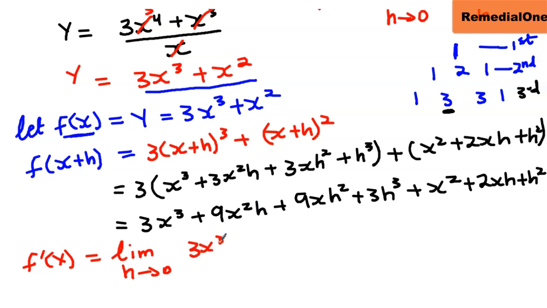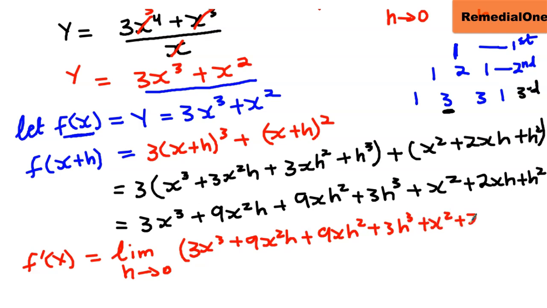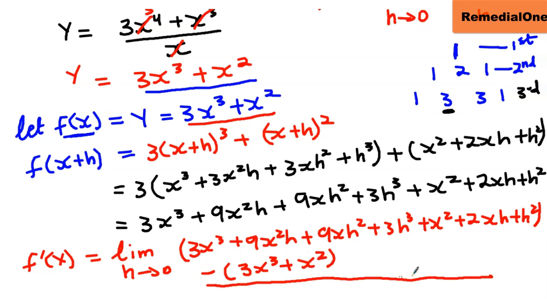So we'll write the cube plus, let's use our brackets open here. Basically you're rewriting this minus f of x, which is this one, all divided by h.